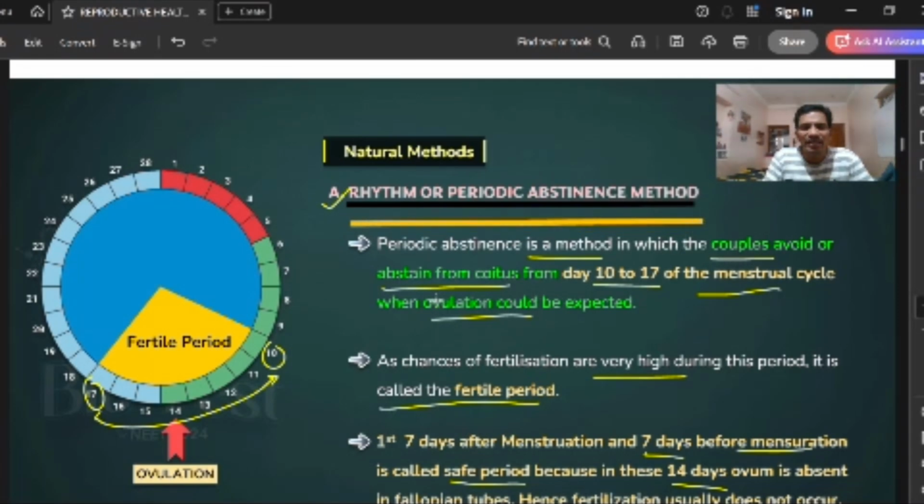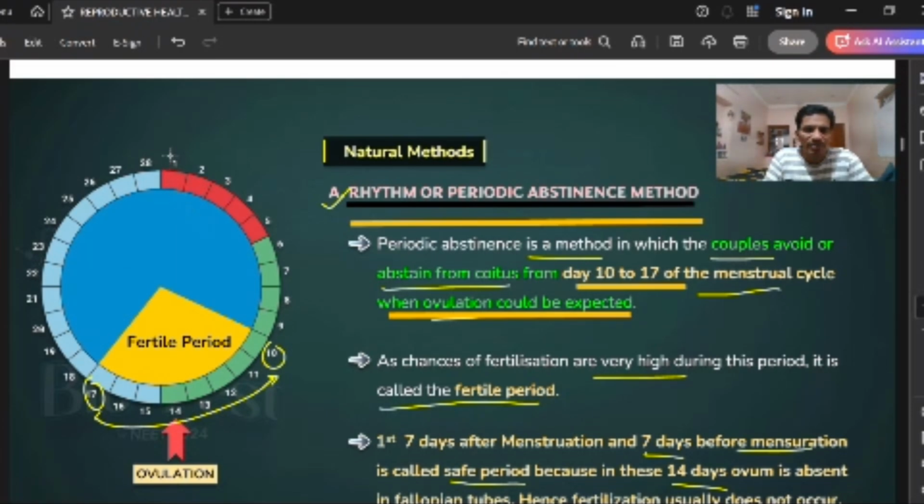In this method, couples abstain from coitus from day 10 to 17 in the menstrual cycle. Why? Because ovulation is suspected, and that ovulation period you are skipping, right? In this chart, ovulation is on the 14th day, starting from 1, 2, 3, 4 like that.